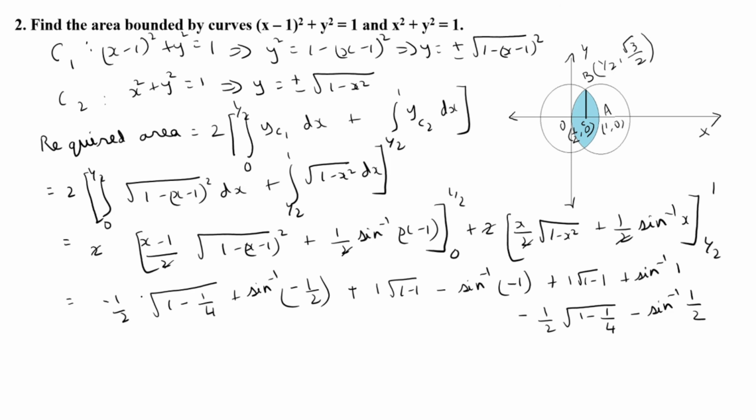So here this minus half root of 1 minus 1 by 4, minus half root of 1 minus 1 by 4 will be minus 1 root of 1 minus 1 by 4, that is minus root of 3 by 4. Then we have minus sine inverse of half. Here minus into minus, minus of sine inverse of minus 1 is minus of sine inverse of 1.